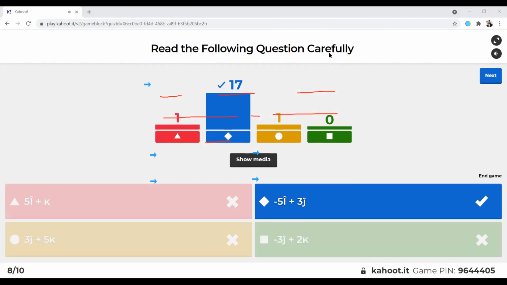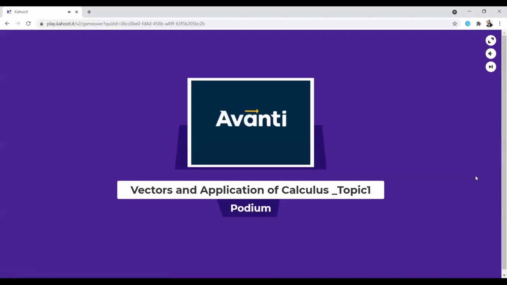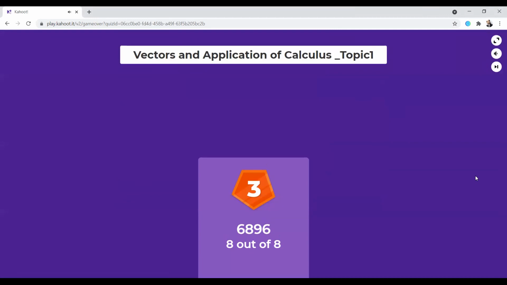So those who said B, they are correct. So I'm not explaining these questions, guys, because as you said, ये already हो चुका था. So let us see the result. I was not aware that this was already done.